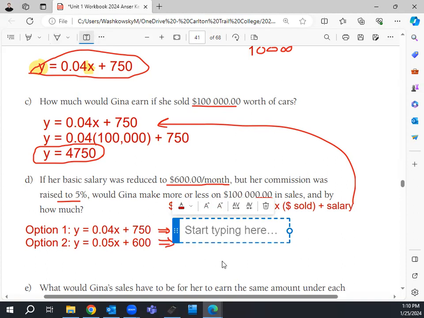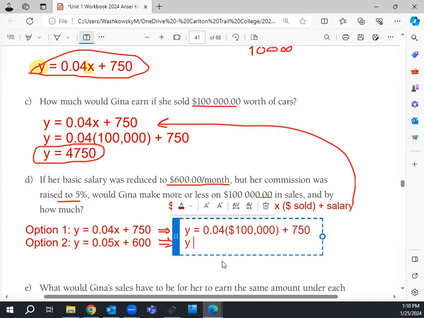So all I'm now doing is substituting it: 0.04, instead of X, I've already said that's $100,000, plus the 750. I'm going to do the same thing for the other one, just with that new formula we just made. And all I got to do is see which one of these spits out a bigger number.